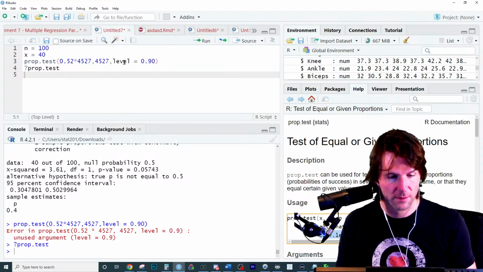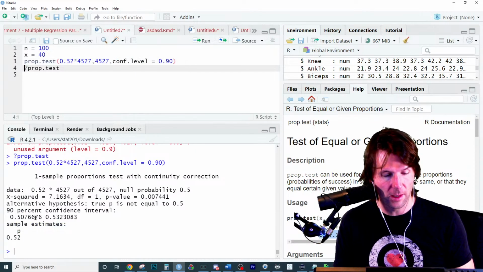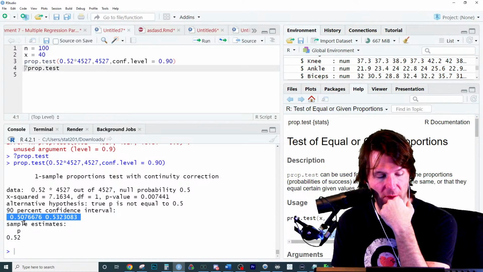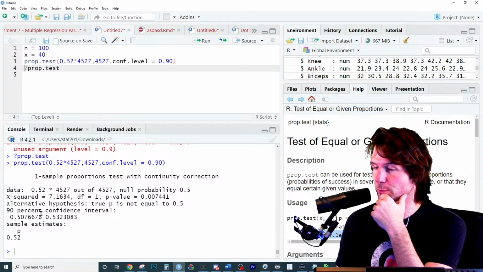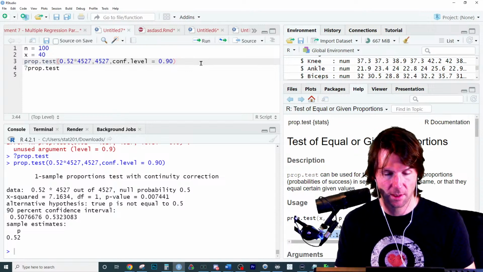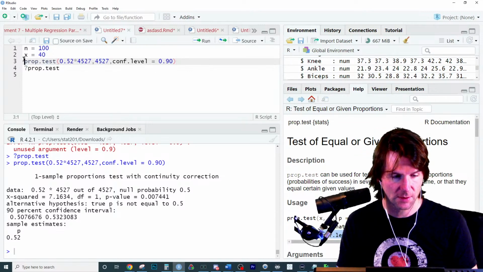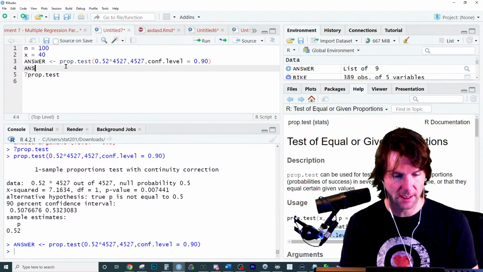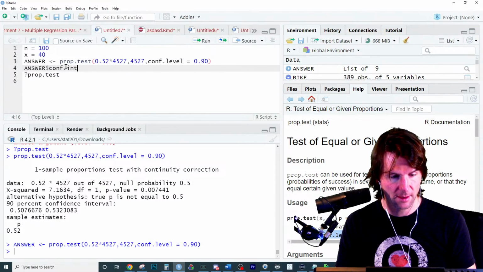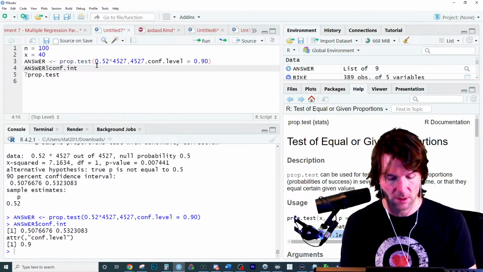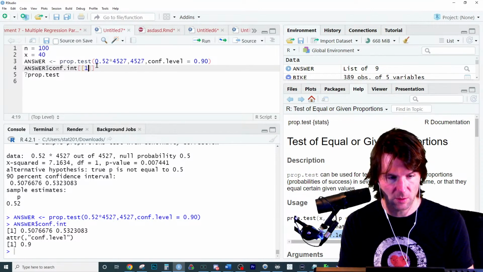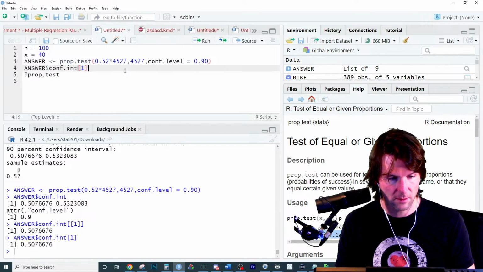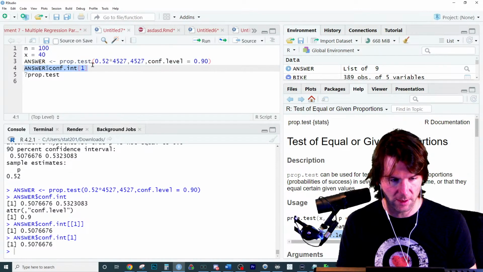I thought it was level. There we go. 53.2 and 50.8. We could probably get that out of it by storing it as answer, and run answer, dollar sign, conf int, and there's the interval. Pull from it, list 1. No, that's the first element. Oh, really? Oh, sure. And then we'll put it in a vector.